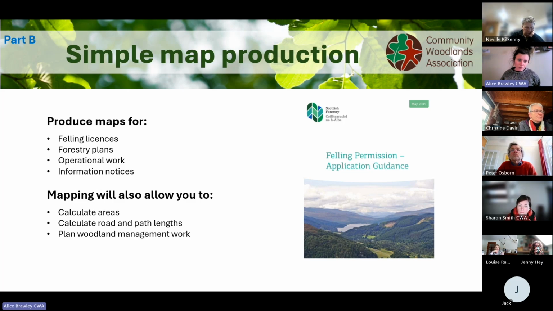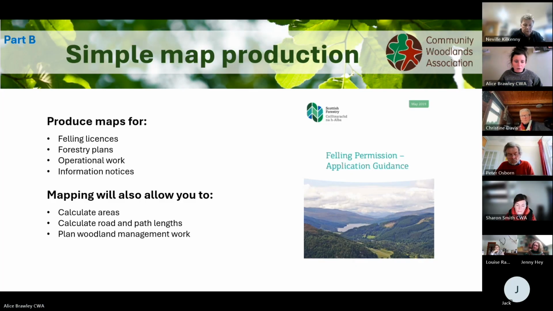By using GIS, you're able to calculate areas very easily, which can help with grant applications. You're able to calculate road lengths, fence lengths or path lengths, which is needed if you're calculating how expensive an upgrade of a road will be, or a new deer fence. It also allows you to plan your woodland management work.